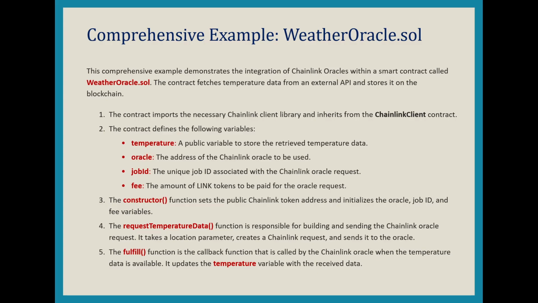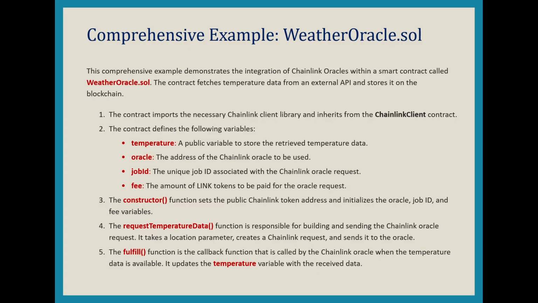You have a smart contract called WeatherOracle.sol and you're integrating Chainlink Oracle into it. This fetches temperature data from an external API and stores it on the blockchain. It imports the necessary Chainlink client library and inherits from the ChainlinkClient contract. The contract defines the following variables: temperature, oracle, jobId, and fee.